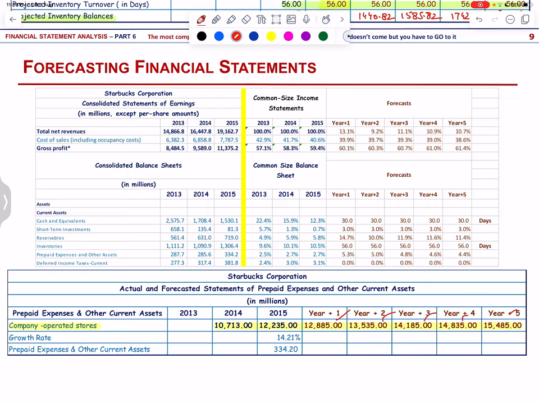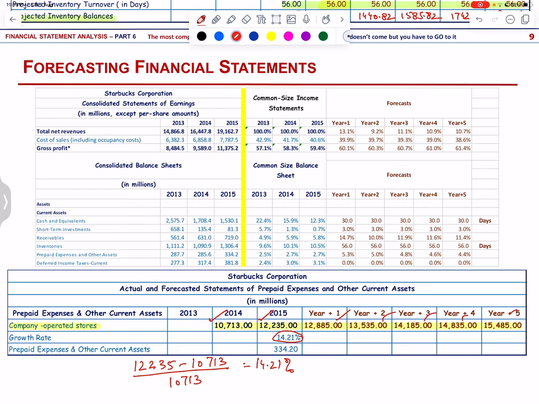Let me calculate for the year 2015. This is equal to the company operated stores in 2015, that is 12,235 minus the previous year 10,713, divided by 10,713, that will give you 14.21%. This is the growth rate for the year 2014-15.